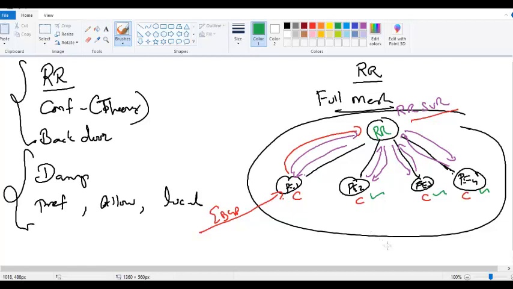Likewise, when a route comes here, it goes to the RR, and the RR advertises to all the clients.